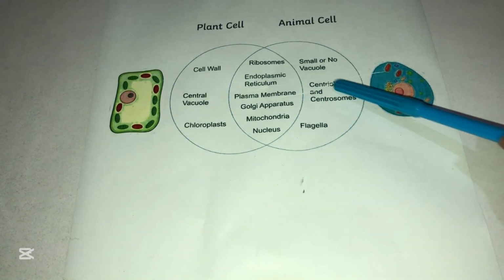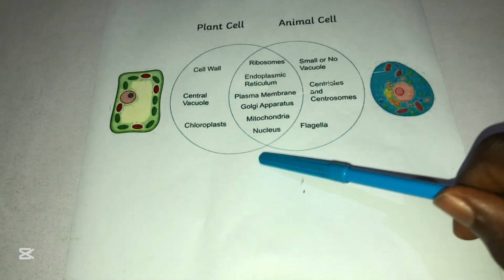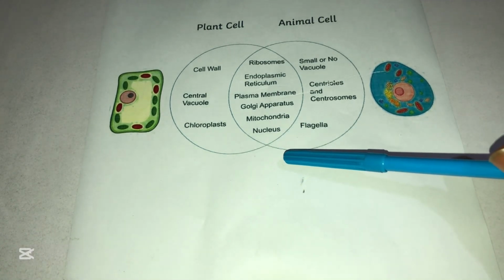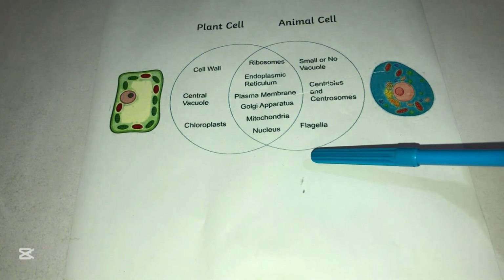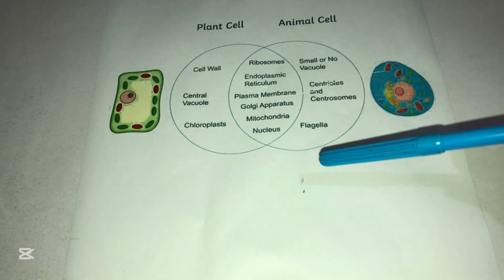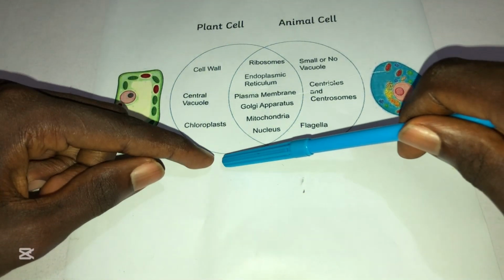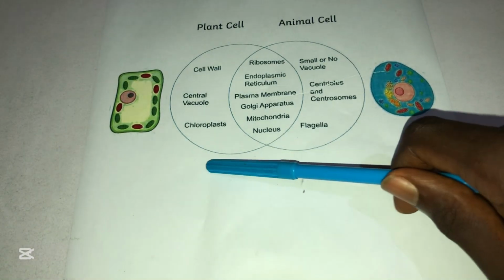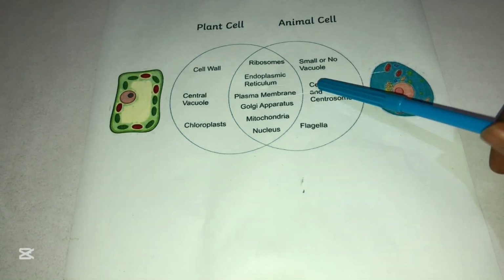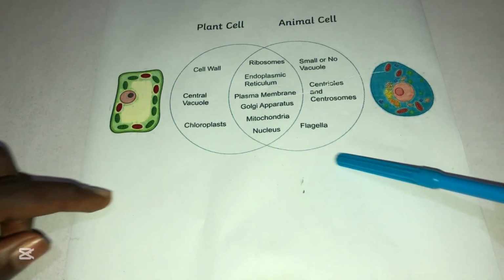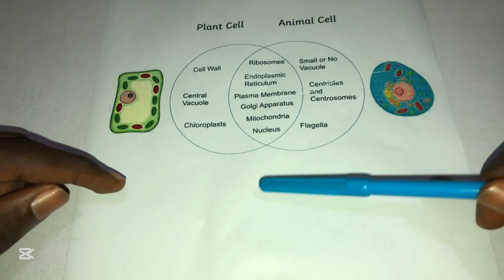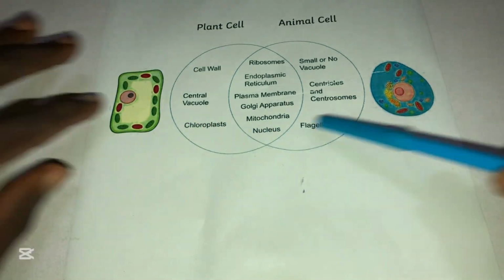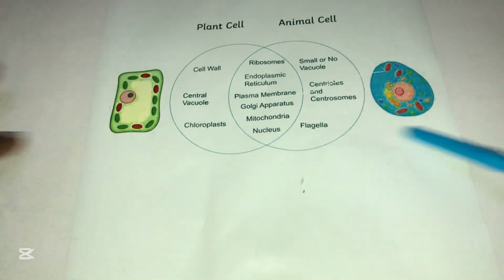These centrioles help during cell division. They are what form the fibers. You know, before cells divide, the contents of the cell are pushed to the opposite poles. So these centrioles help to form that fiber that drags the contents of the cell towards the opposite poles.